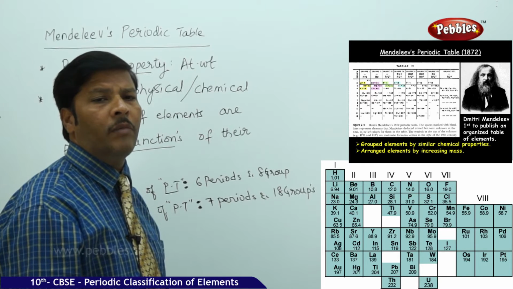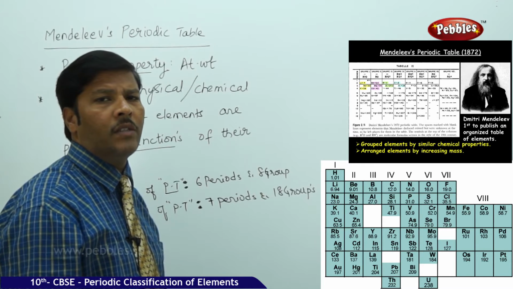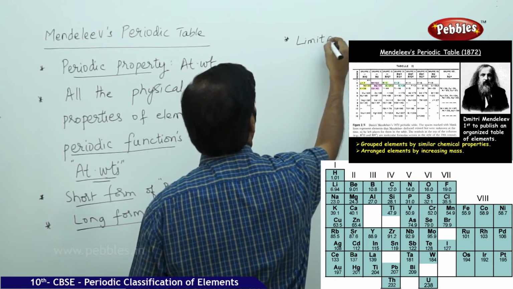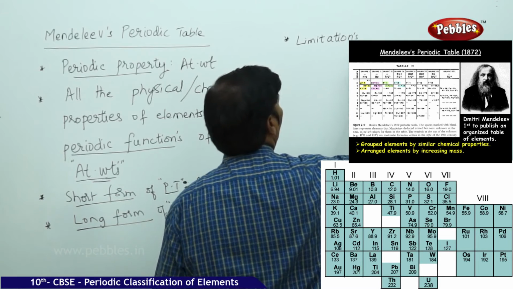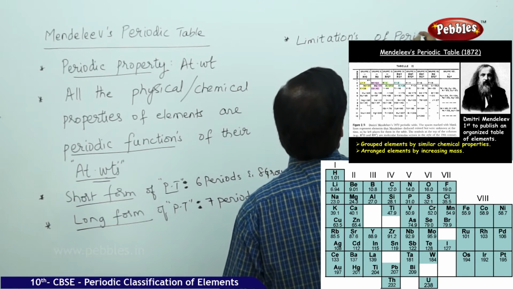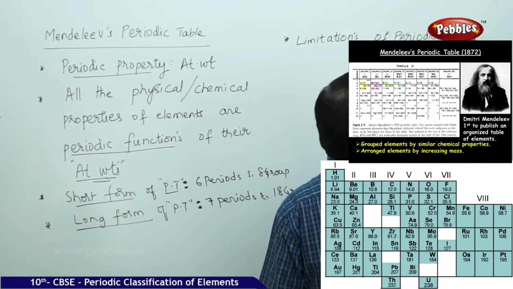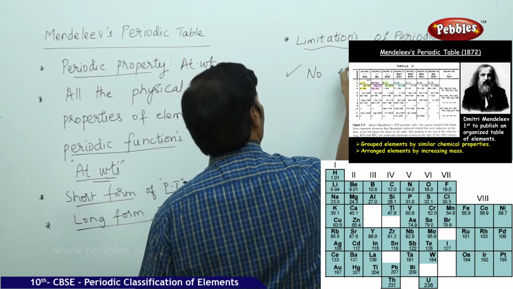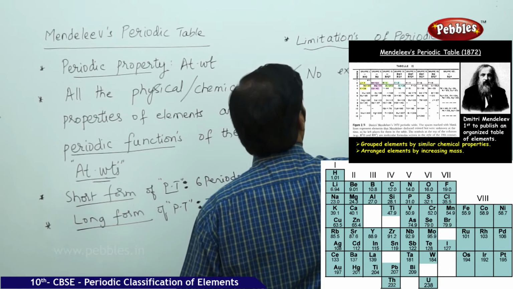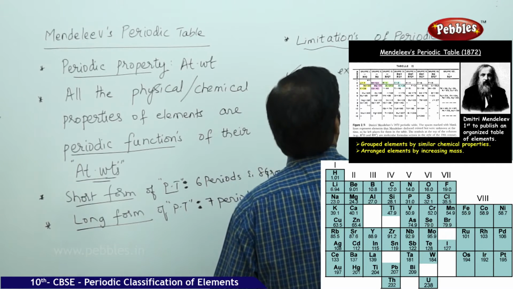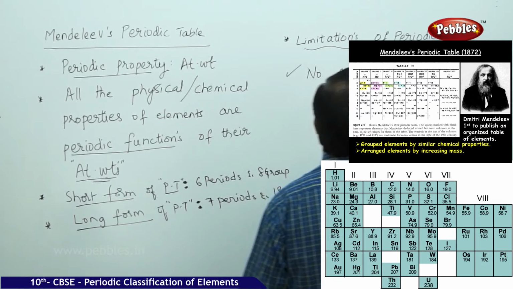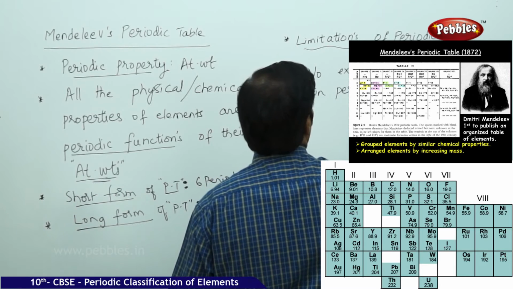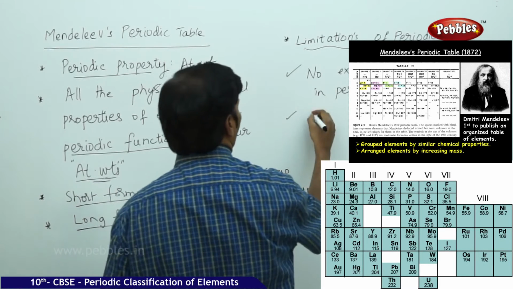However, there are some limitations in the periodic table. If you go for the limitations of the periodic table: first, no exact position for hydrogen in the periodic table. Second, no place for isotopes.